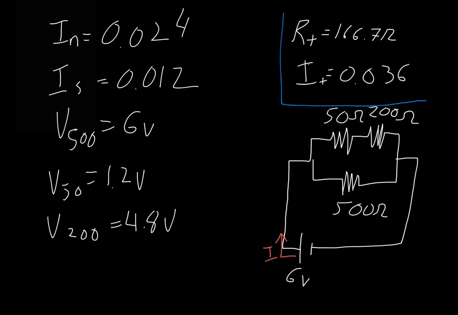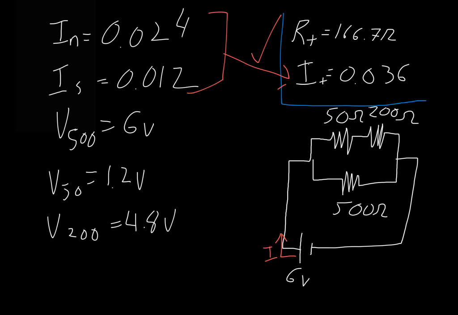We used the rules about resistance adding to get our total resistance, so that works. And when we looked at the current, we had our northern current of 0.024, our southern current of 0.012, and our total current is the sum of these two. So that is all consistent.